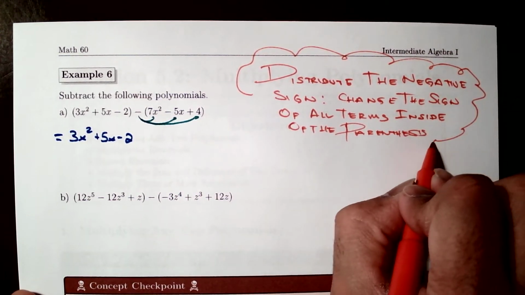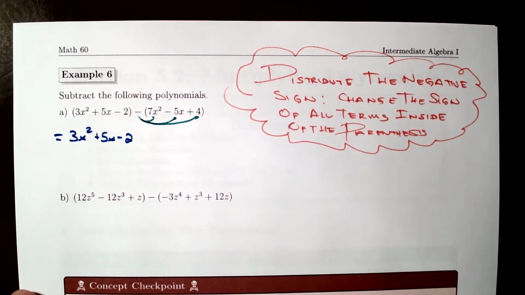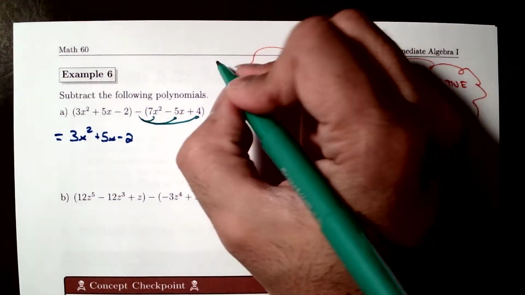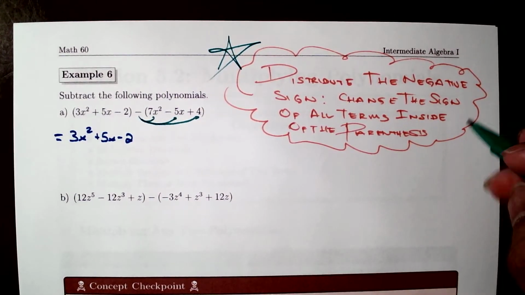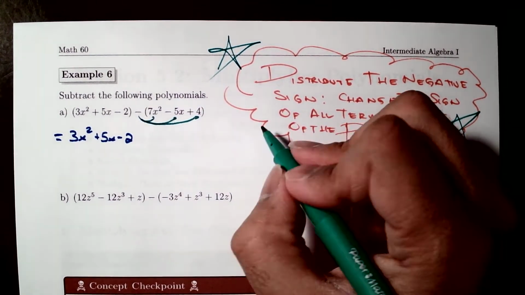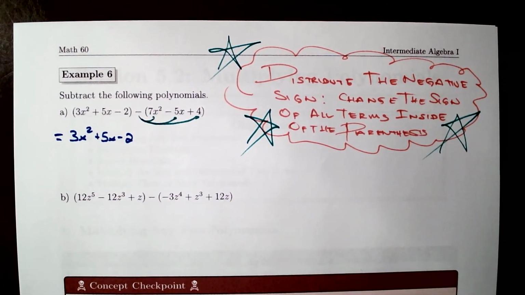All right, this is what we did. This is the key here. So that's what I want to put stars around. Okay, so that's the trick of the trade here.